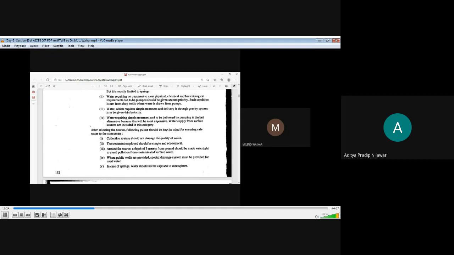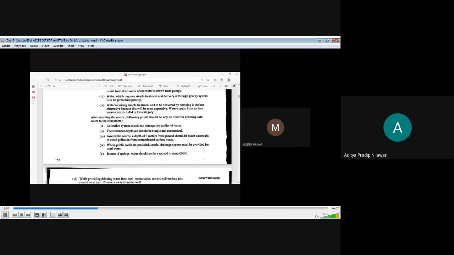Because this is a rural area, we may not get experts to monitor all those things. So if the treatment is simple and economical, that will be advisable. Then around the source of water, a depth of 3 meters from ground should be made watertight to avoid entry of pollutants into this particular source. That is protection again.